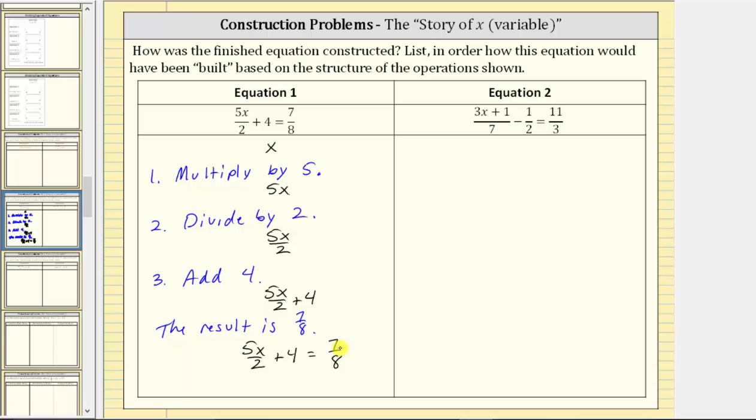Now let's look at equation 2. For equation 2, we have the quantity 3x plus 1 divided by 7 minus 1/2 equals 11/3. So beginning with the variable x again, because we have 3x here, step 1 is to multiply by 3.